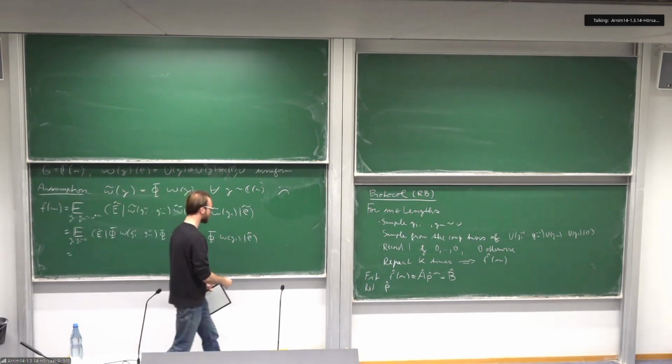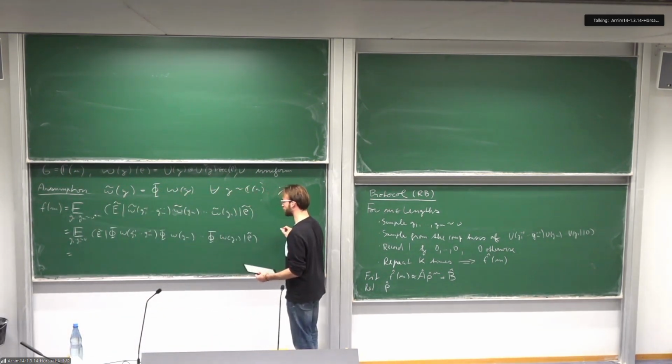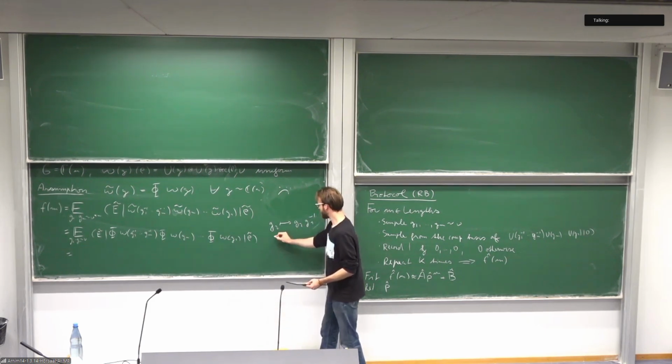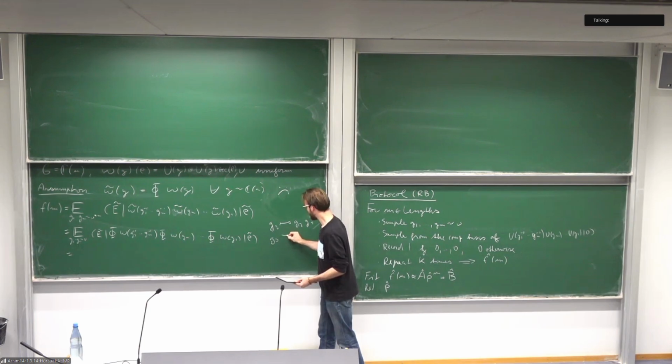So the transformation that I will do is to transform G2 into G2 G1 inverse, then G3 into G3 G2 inverse, and so on.